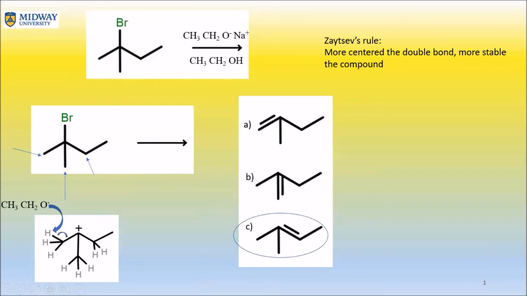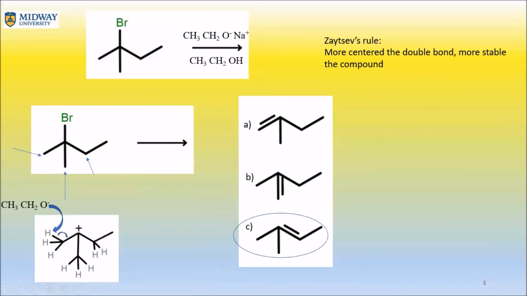Only one of them, okay? You cannot use both hydrogens. You can only use one of them, which in that case would result in the formation of product C. And if you have to determine which one of these would be the major product, you apply Zaitsev's rule, which is the more centered the double bond, the more stable the compound.